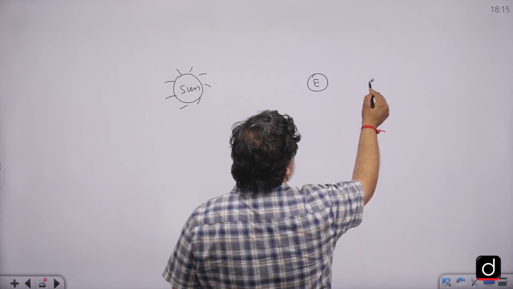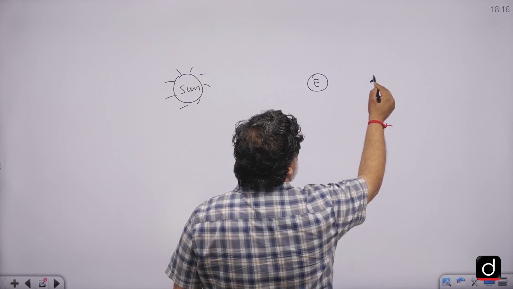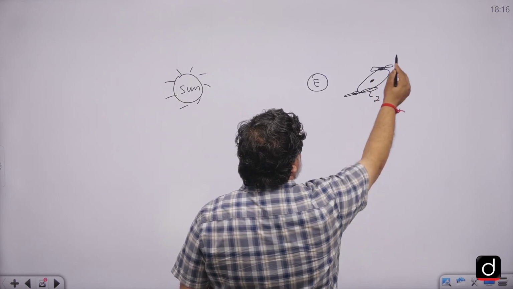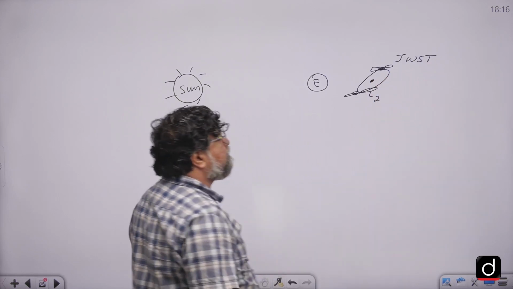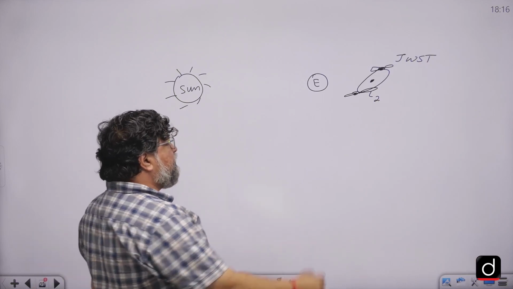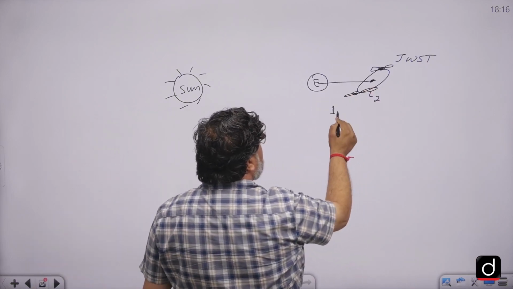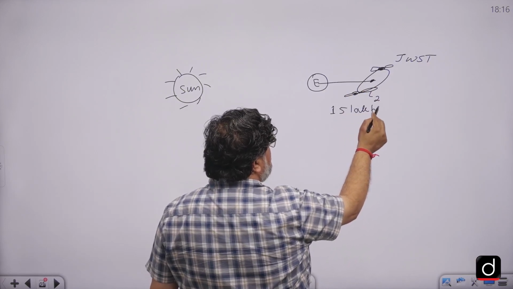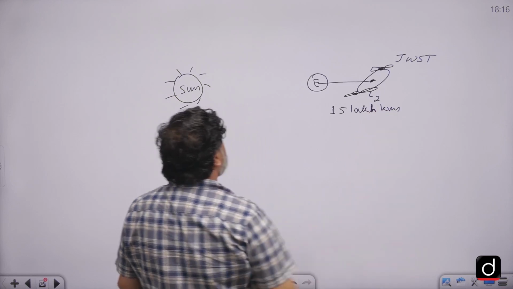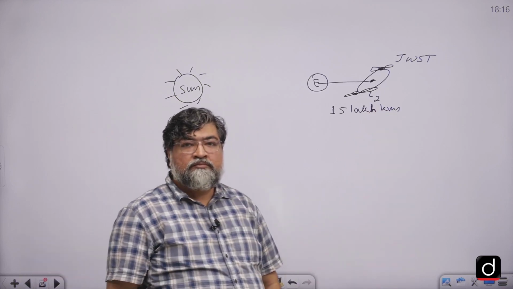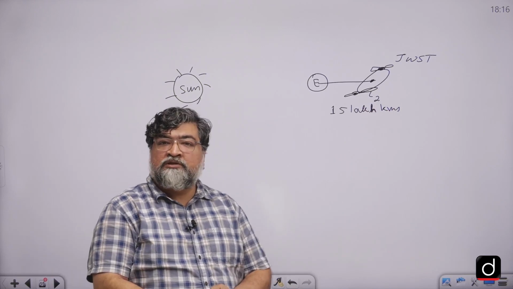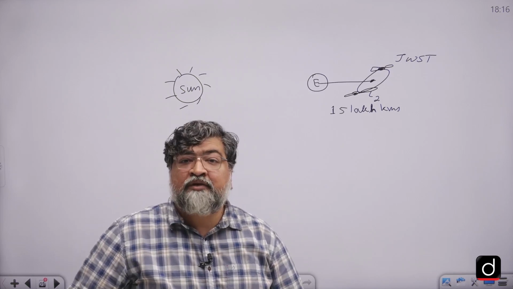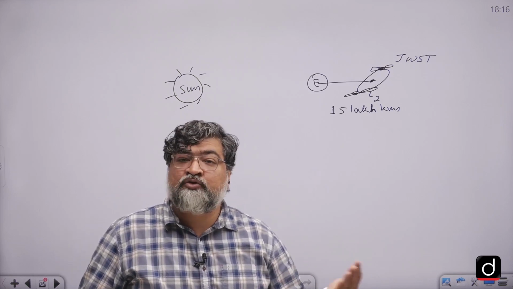So L2 point is here, the back side of the Earth, and in the halo orbit JWST has been placed. That distance is around 1.5 million kilometers or 15 lakh kilometers. So the Sun-Earth system is done there. And for launching, NASA used the Ariane 5 rocket of France from Kourou, French Guiana.